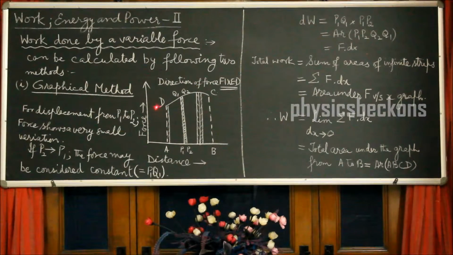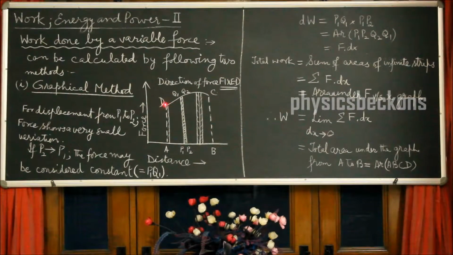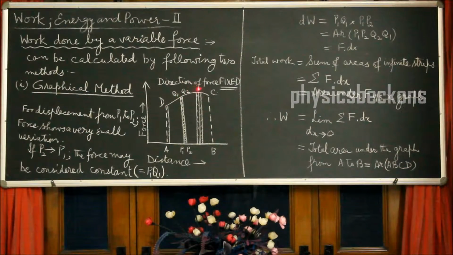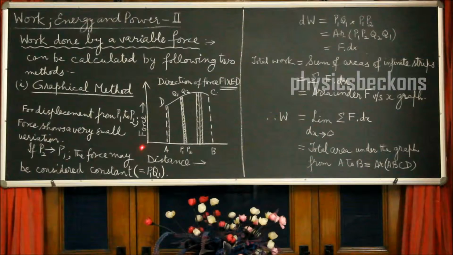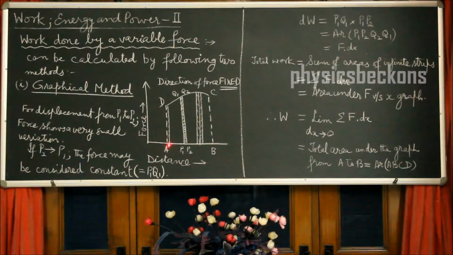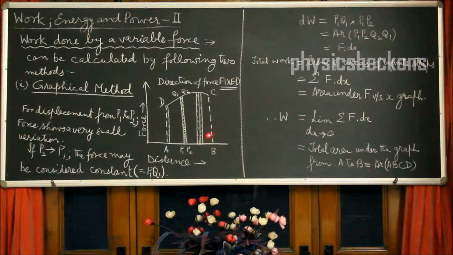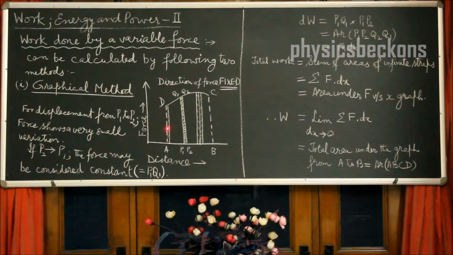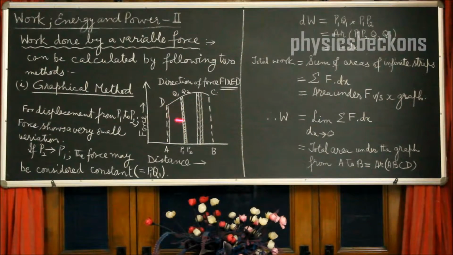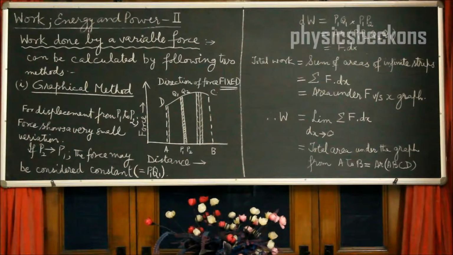Let us suppose we have a variable force represented by this graph DC as the body is displaced from point A to point B. The work can be calculated by the graphical method.